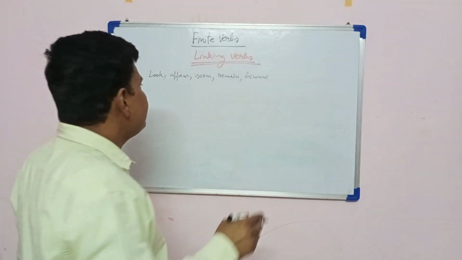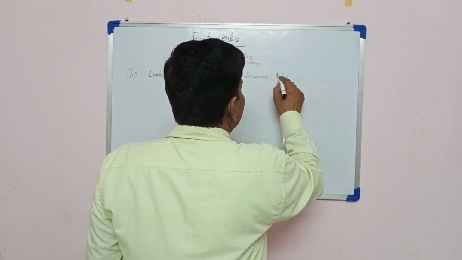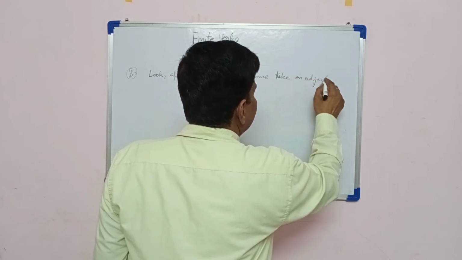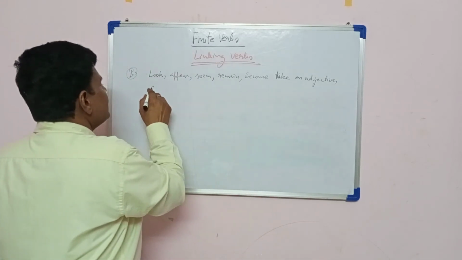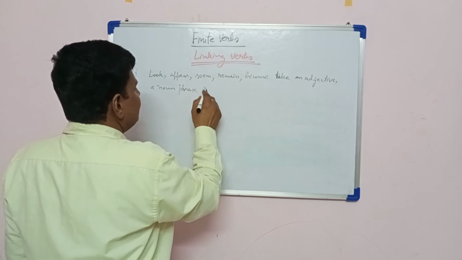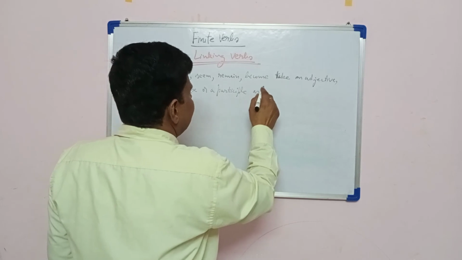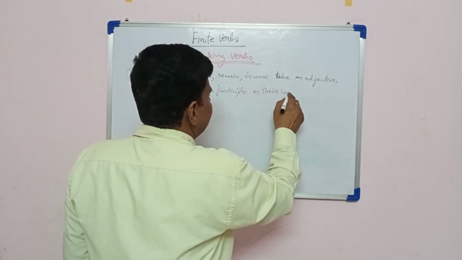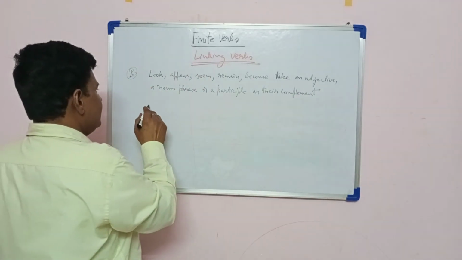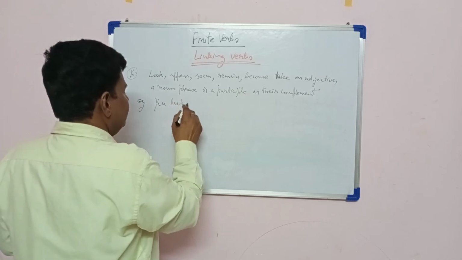These verbs take an adjective, a noun phrase or a participle as their complement. Example, you look happy.